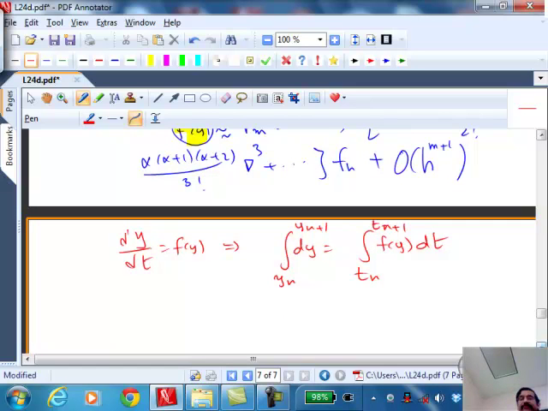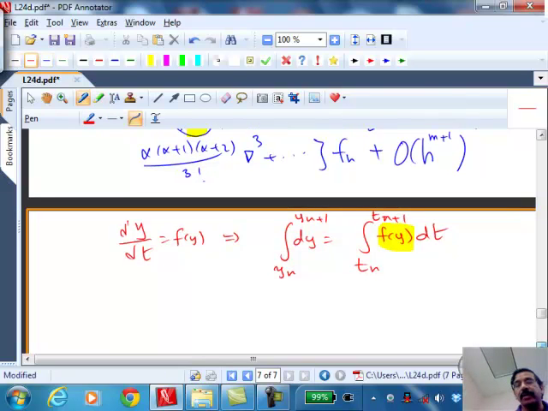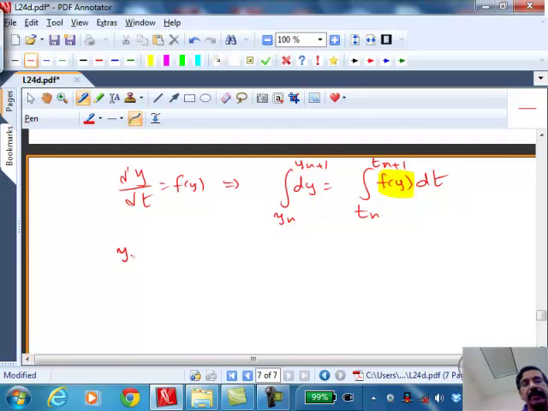The only difference is, instead of the Newton forward polynomial, we are using a Newton backward polynomial, so that we can take as many terms as we want in the series. The left hand side will become yn plus 1 minus yn. And the right hand side, I need to plug in that polynomial and do the integration.